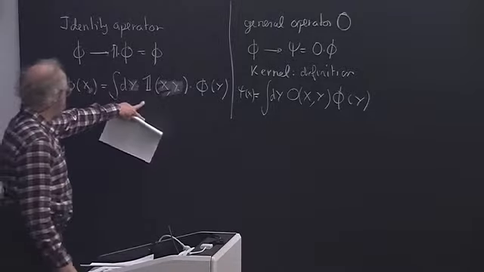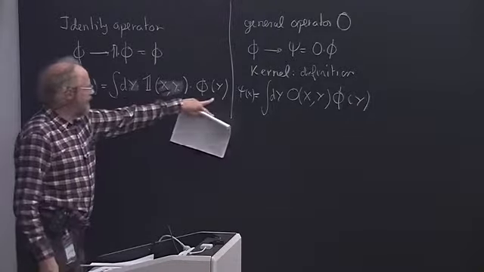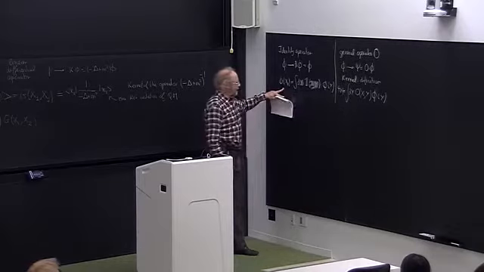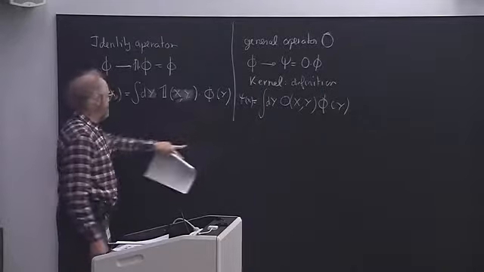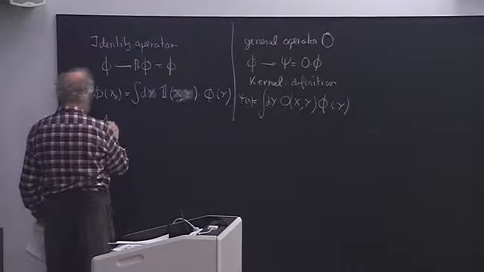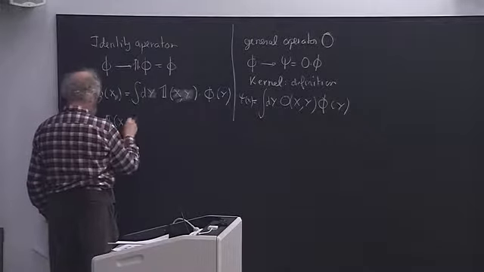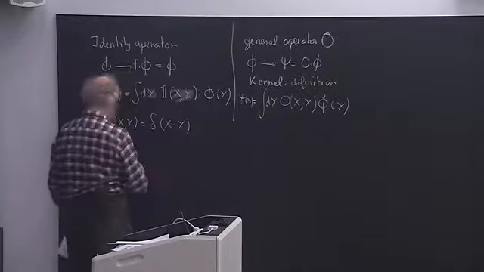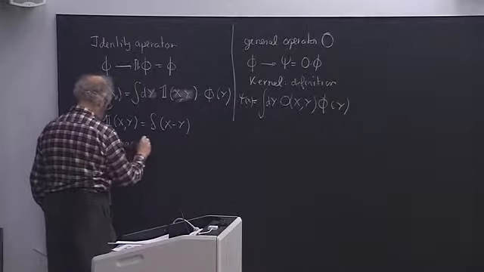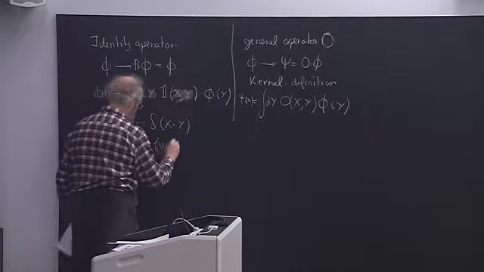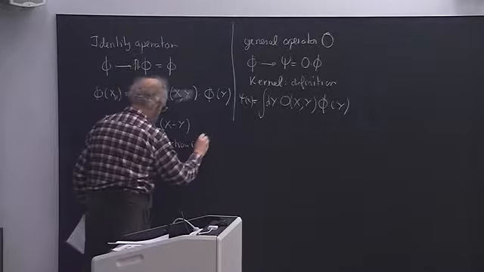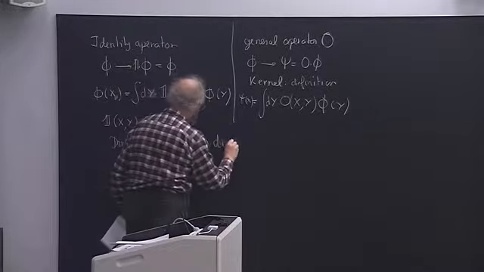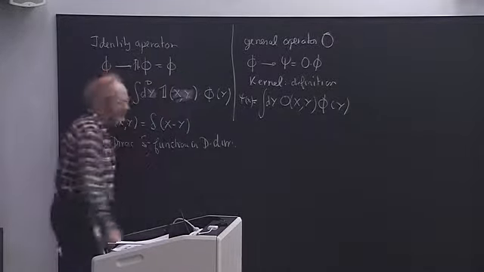So for this to give phi of x for any function phi of y, it's clear that the kernel is the identity. It's just a delta function of x minus y, the Dirac delta function in d dimensions, because of course we are in d dimensions.